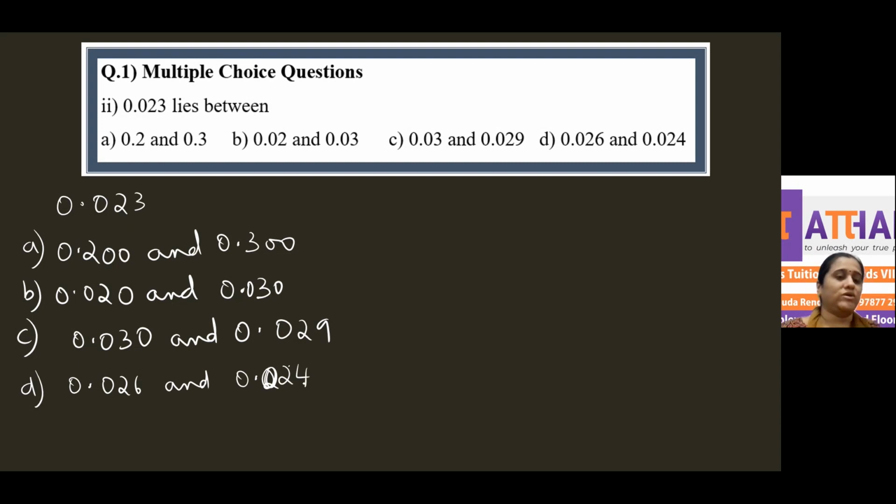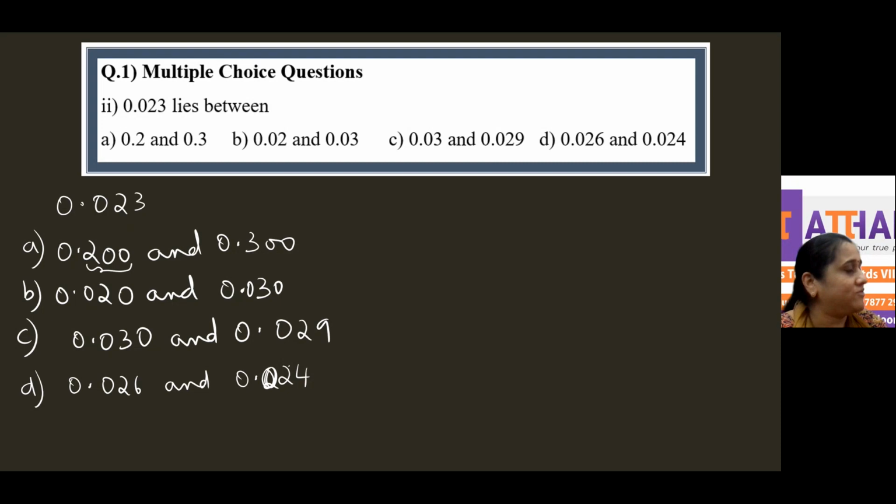Okay. Now what you have to do is simply read this number. How will you read? Forget the decimal point. How will you read this number? 200. First you should make sure that they're all like decimals. Now all the numbers in the given question and in the options are like decimals. Only after doing this should you do what I'm going to tell you now. What did we do first?